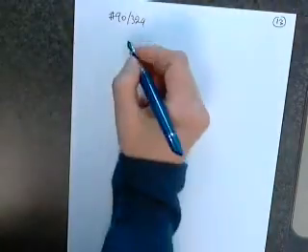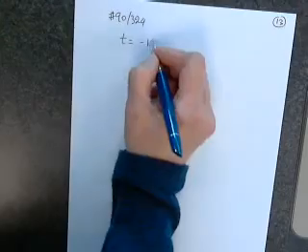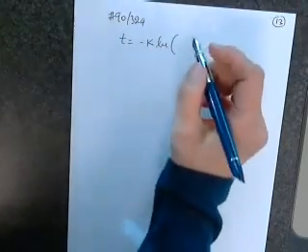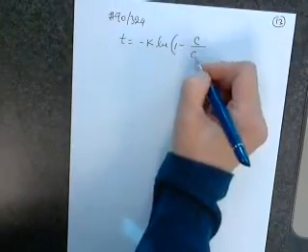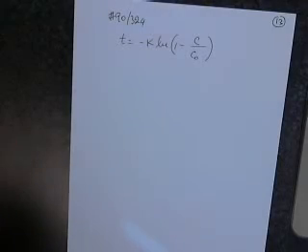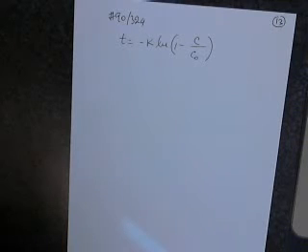Okay, so this is T equals negative K natural log 1 minus C over C0. C is the charge, and the maximum is C0. Where K is a positive constant that depends on the battery.